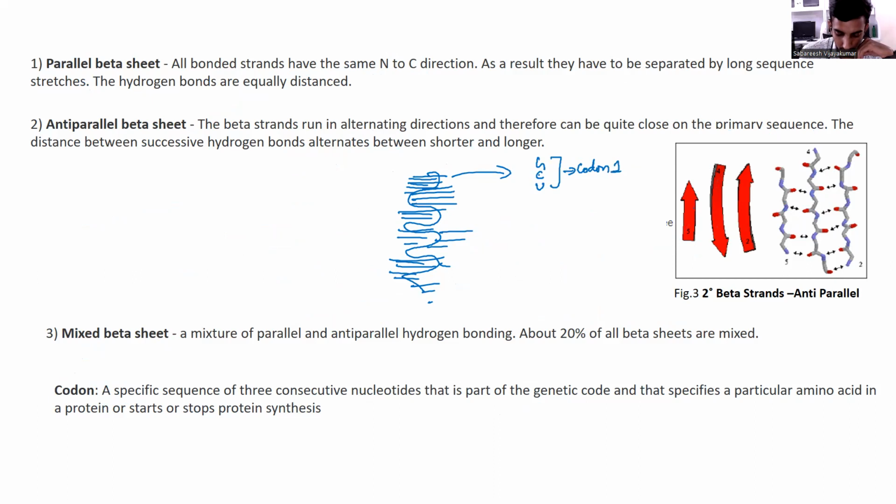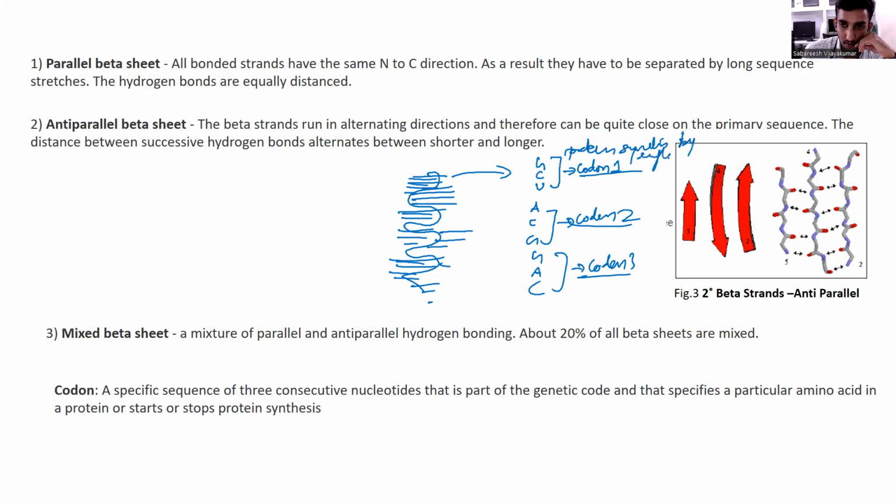Then comes maybe ACG, which will be a codon 2 type. GAC may be codon 3 type. All these are telling the cell to do the protein synthesis by influencing the amino acid. I hope it is clear.